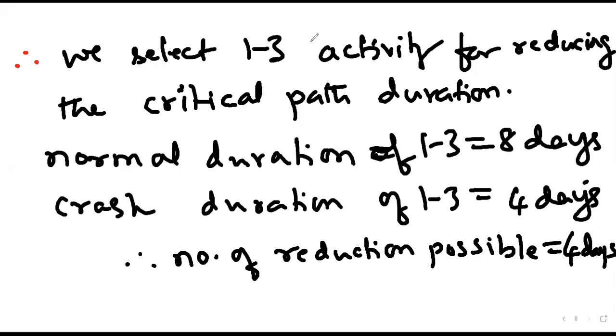The nature of the project is that 1-3-6 is the critical path. So that should not be altered. The critical path should remain critical until the end of the project cost calculation. Okay, so this is done.